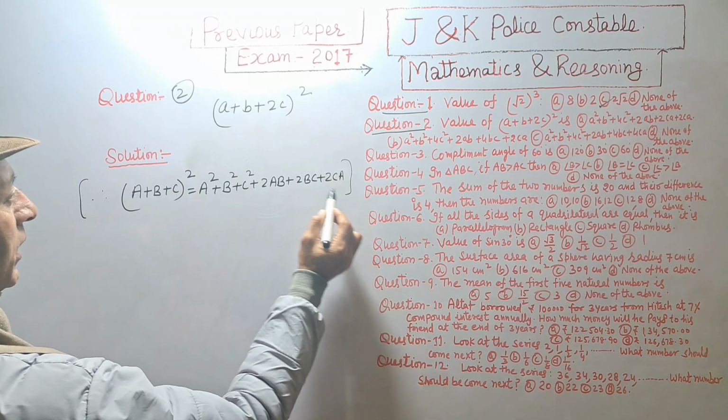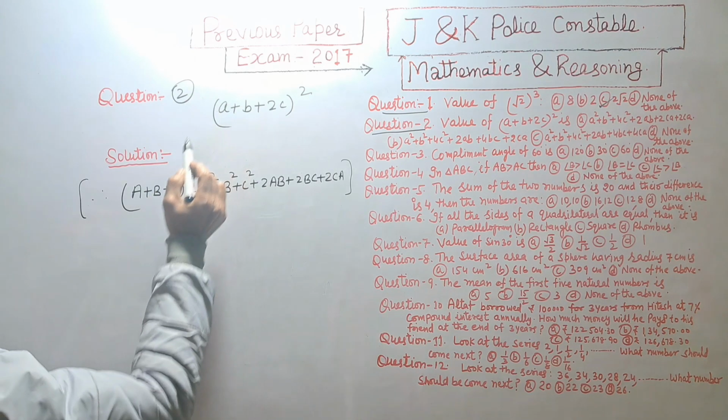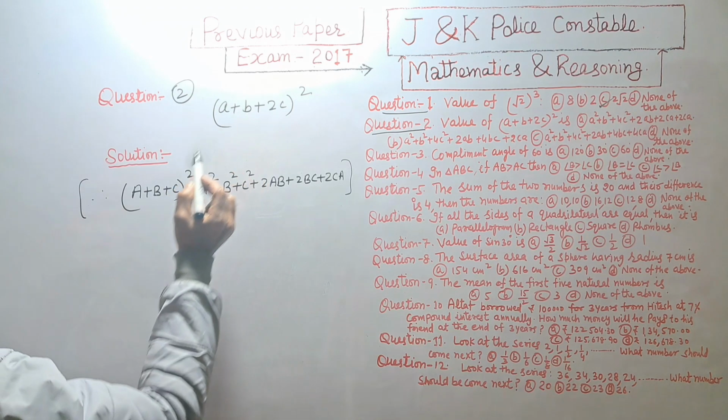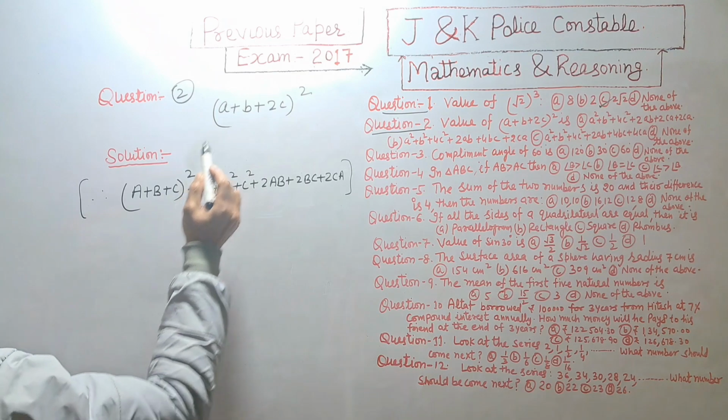It's a formula, and we are applying it with a as small a, capital B as small b, and capital C as 2 times of small c.